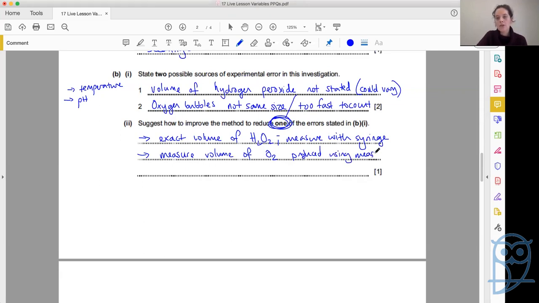Here we would use a measuring cylinder to trap the gas. So then you can read the gas from the top of the measuring cylinder, and then you can see how much in displacement and all of that fun and games. So if you're not so sure about that one, go read up on it. Okay, how do we control temperature? We would use a thermostatically controlled water bath.